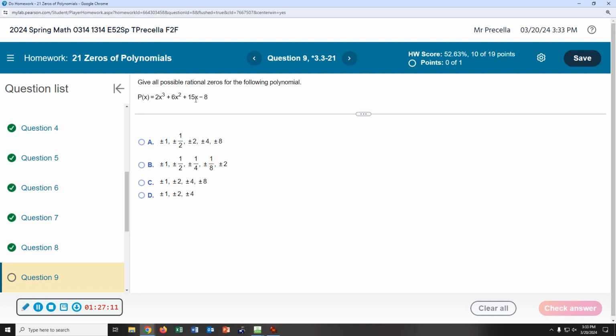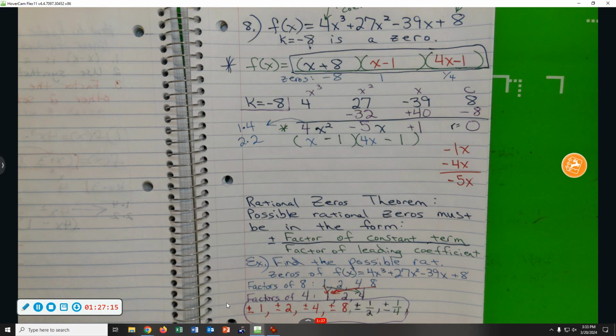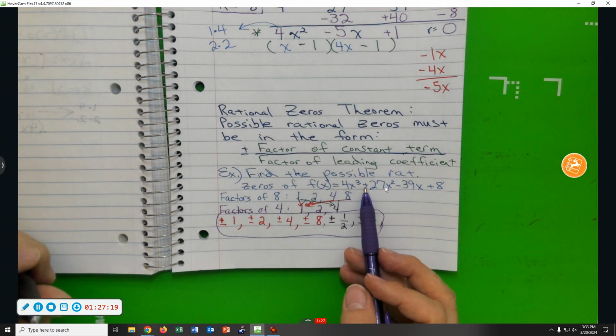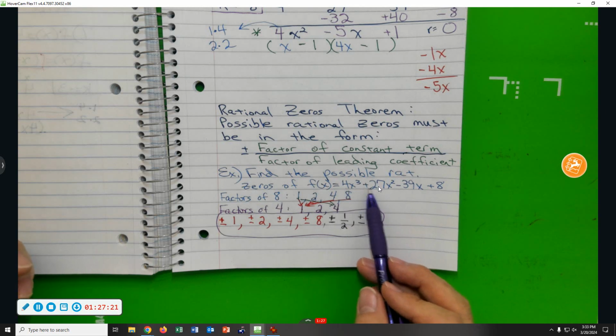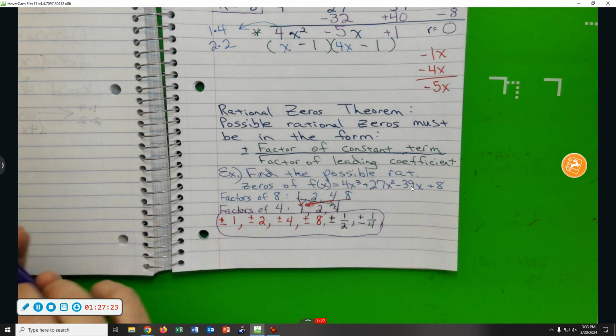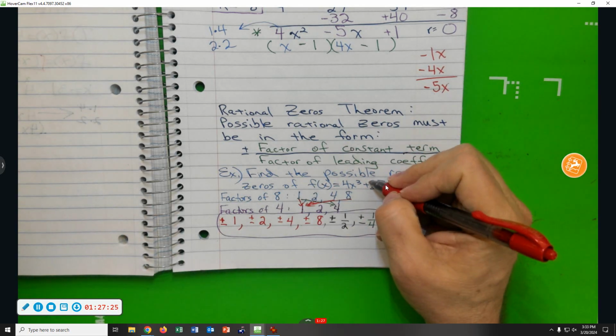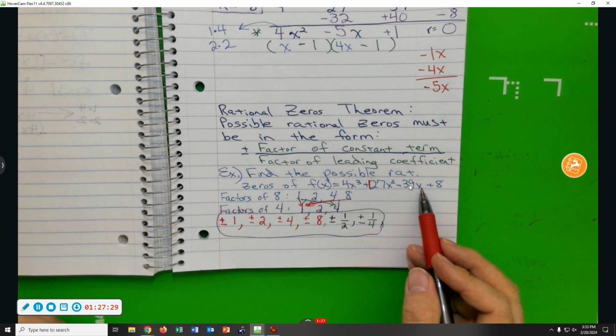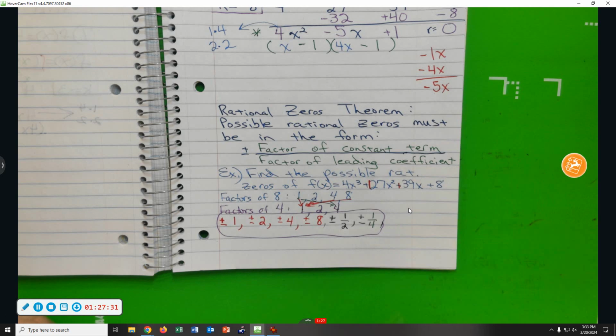Suppose I'm going to change this little example we made up here: 4x cubed plus 27x squared. I'm going to change it to 127x squared. Instead of a minus 39x, I'm going to change it to a plus 39.